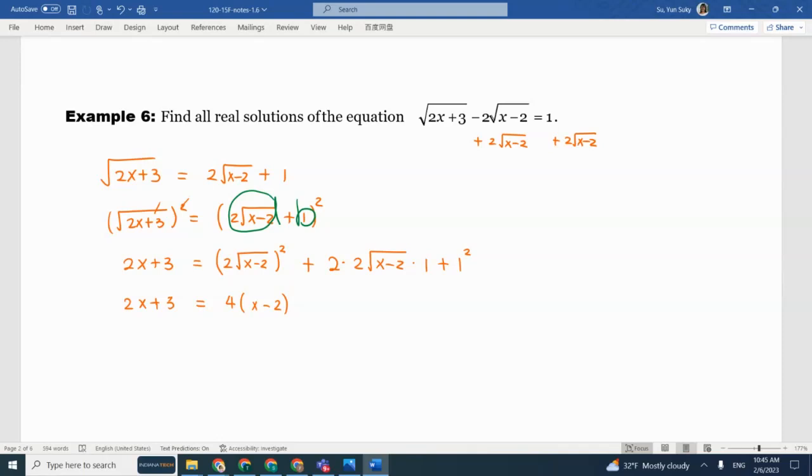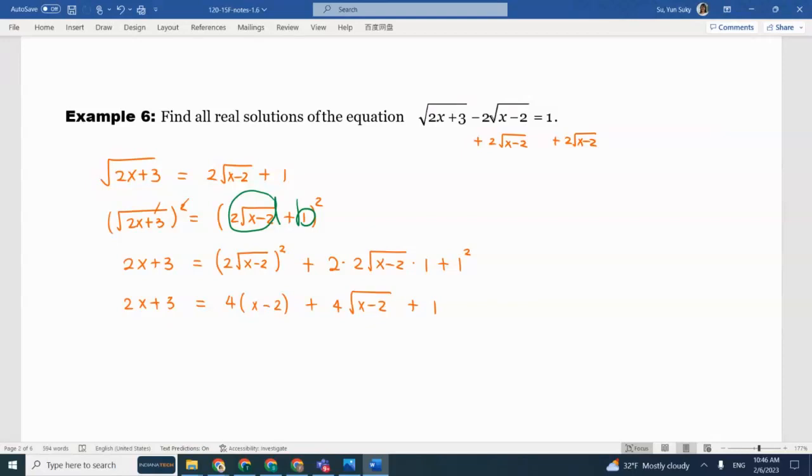Yeah, because now it's multiplication, and with multiplication we can distribute the power, right? We get 2 squared is 4, and then the square root of x minus 2 squared, the square root and square cancel. We get x minus 2. Right, everybody? Okay, 2 times 2 is what? Just 4. And then 1 squared is 1, right?